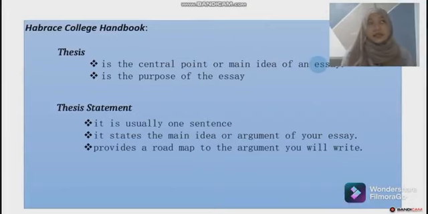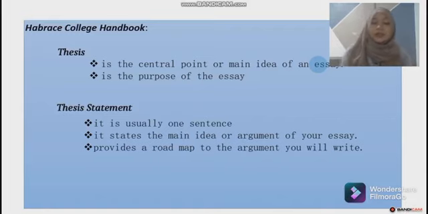It is a statement that summarizes your main topic or main idea, in which it tells the readers to understand or interpret the importance of the main topic.